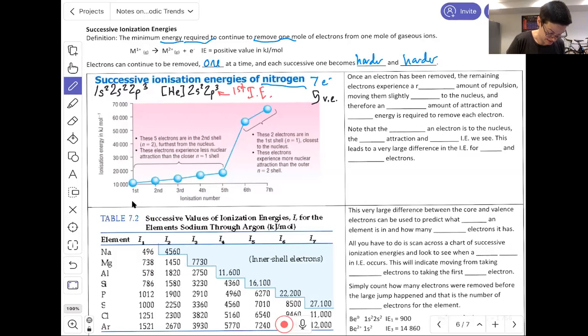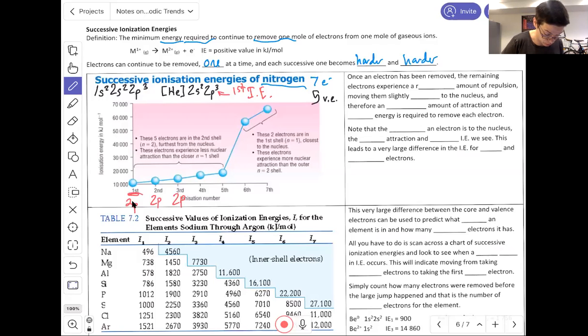And that would be this guy. So you can imagine that guy is pulling off a 2p electron. If I pull off another one, I still have electrons in 2p. So if I pull off a second one, it's also coming from 2p, and I still have another electron in 2p. So if I pull off a third electron, it's also going to come from 2p.